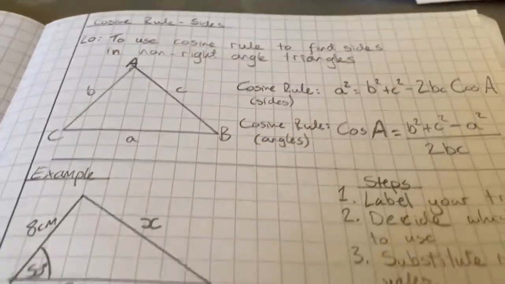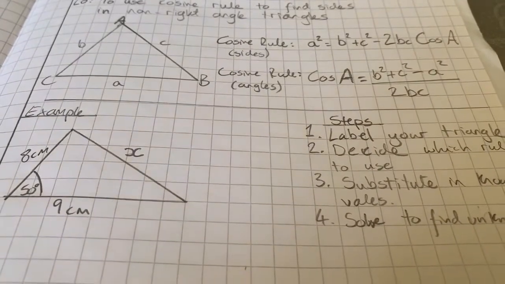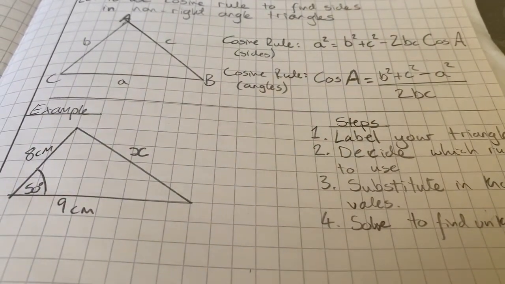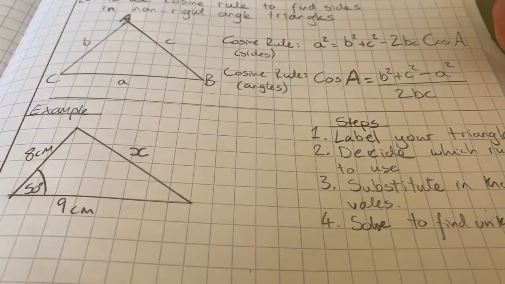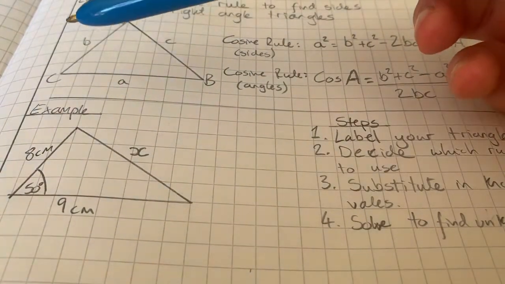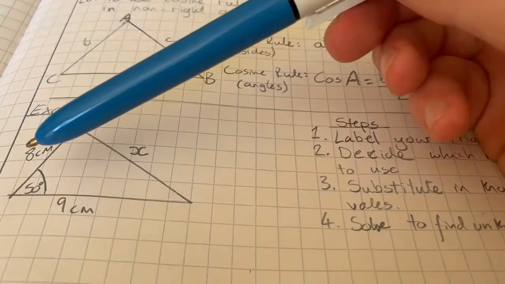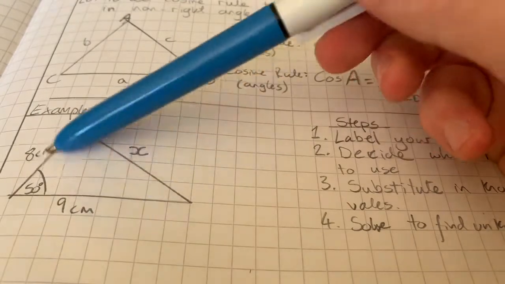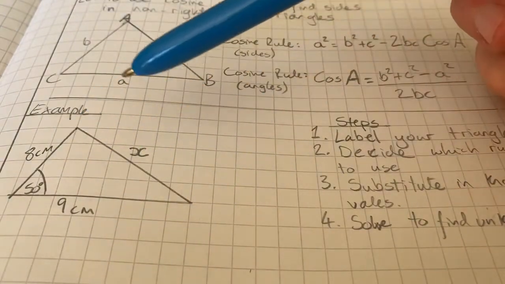Now let's jump into an example, running through it. So with this here, the first thing you have to do once you see a question is label your triangle. What's good to notice, because it won't tell you to use the cosine rule, is that you'll often see an angle with two sides next to it like that, and it'll say find a side.